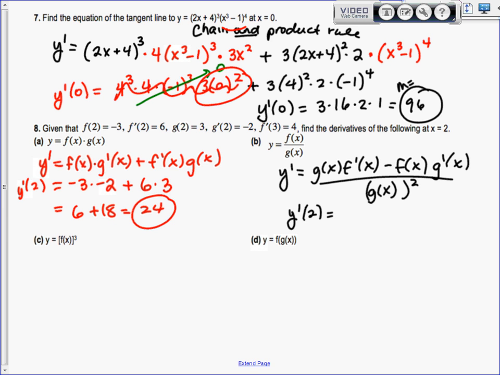So y prime of 2 is g of 2, which is 3, times f prime of 2, which is 6, minus f of 2, which is negative 3, times g prime of 2, which is negative 2, over g of 2 squared, which is 3 squared. So you get 18 minus 6 over 9, so 12 over 9 is 4/3. So 4/3 is your answer.